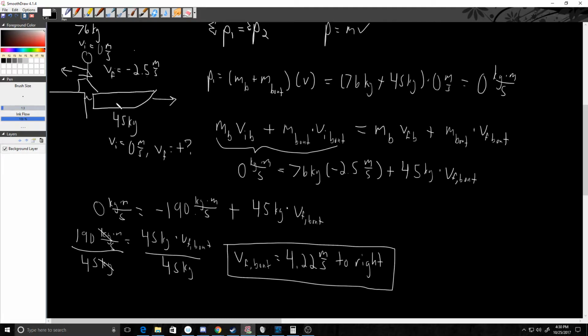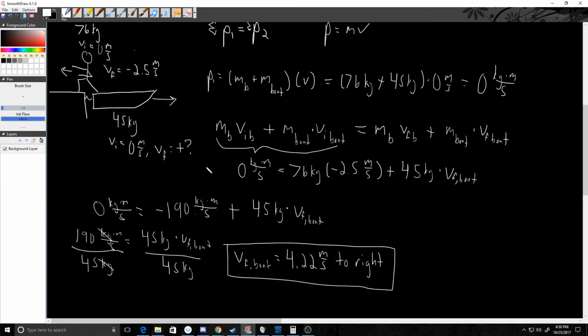So I'm on a boat and I get off the boat at 2.5 meters per second. That boat gets pushed away from me because whatever momentum I have to the left, that boat has to have that same amount of momentum to the right. And if we have different masses, we end up with different velocities.